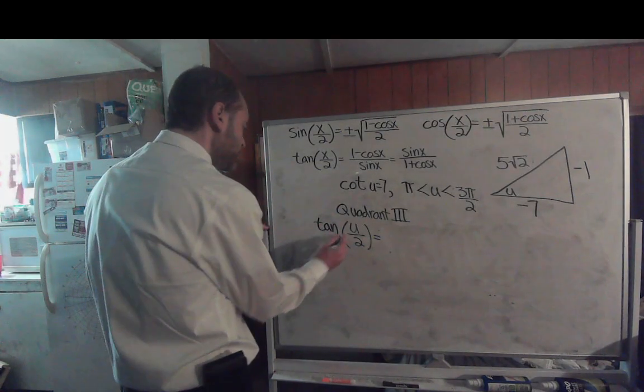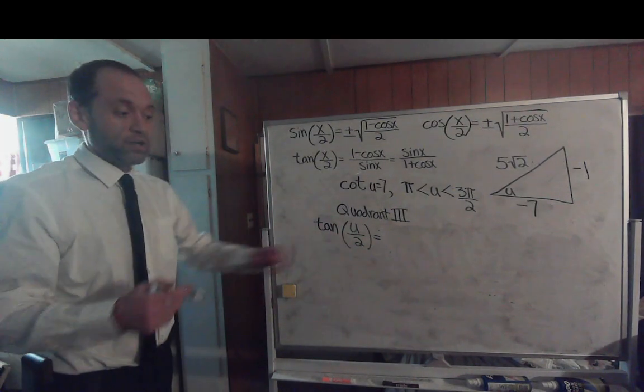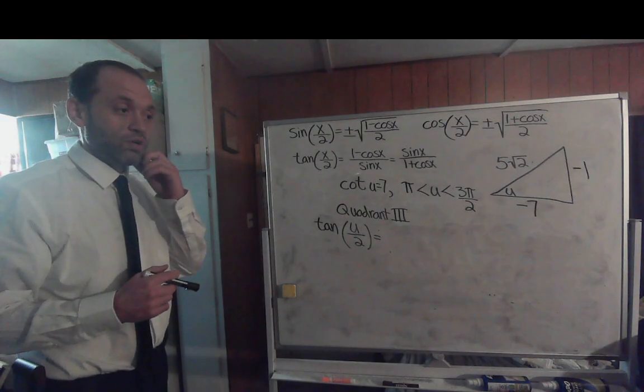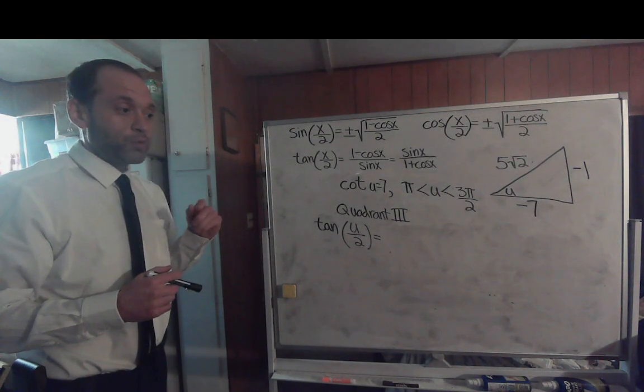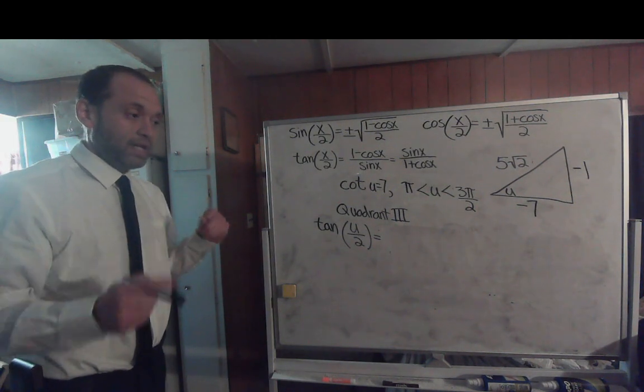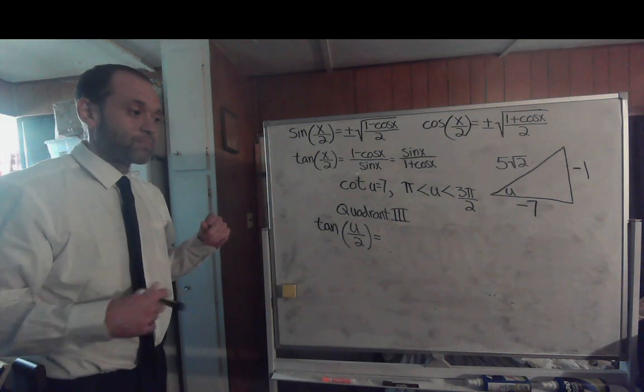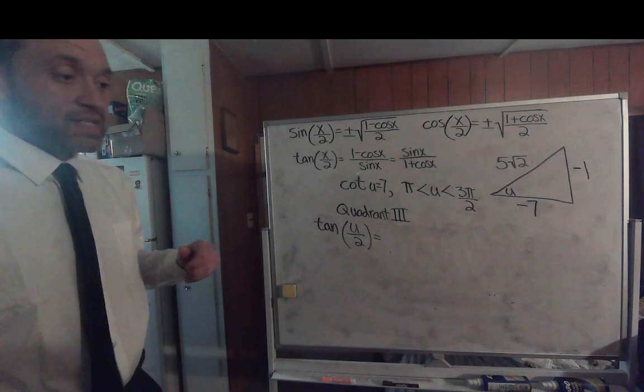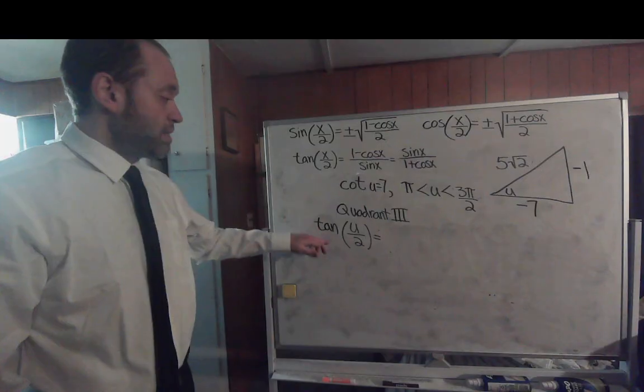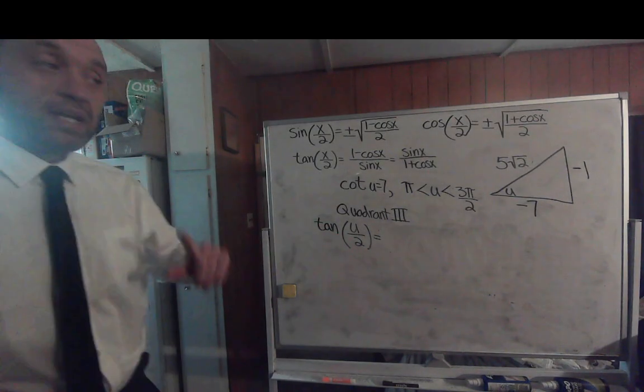So once again, half of a third quadrant angle is a second quadrant angle. So that means then that your tangent is actually going to end up getting a negative result.